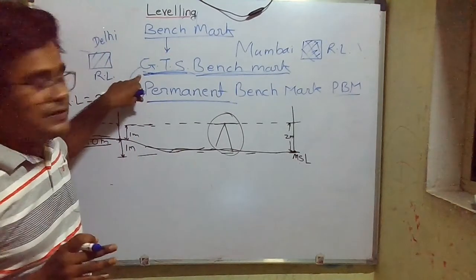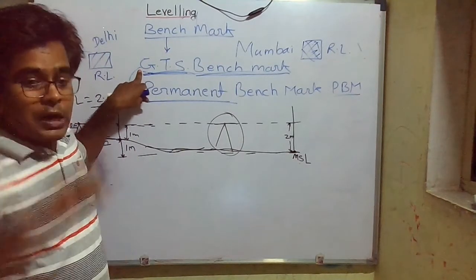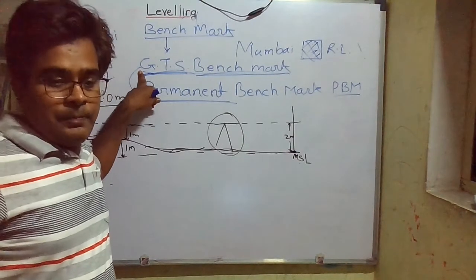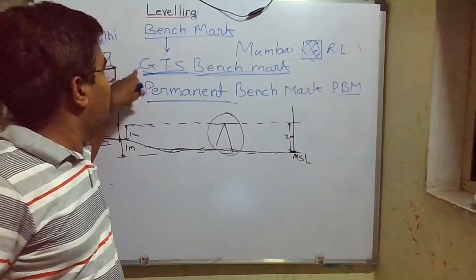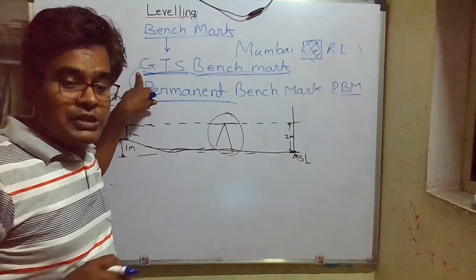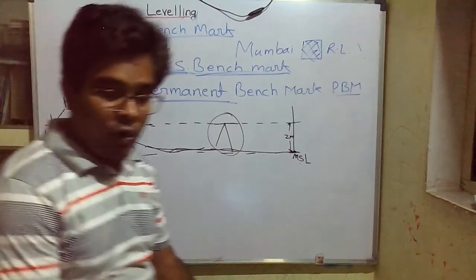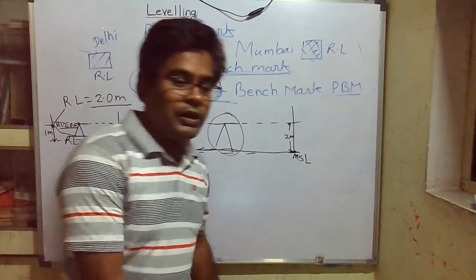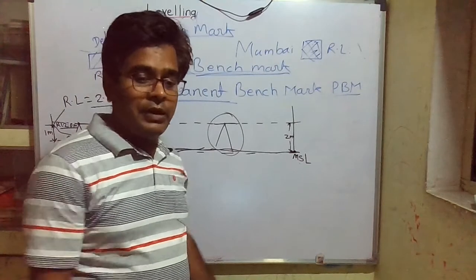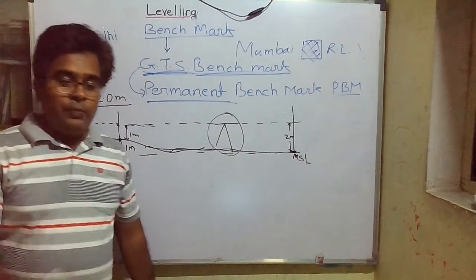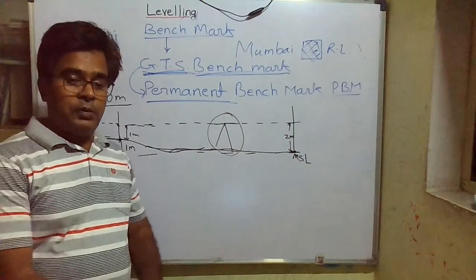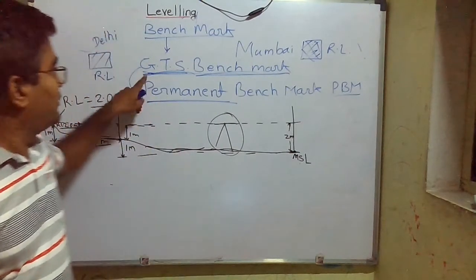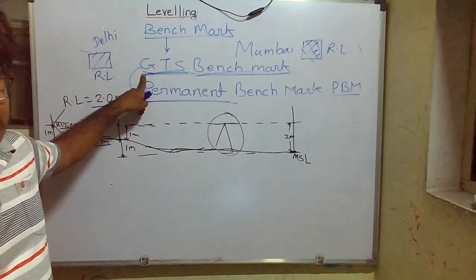If they had marked the GTS benchmark by doing survey from Karachi on some stones or a brick pillar, and somebody while moving on the road kicked that pillar and it broke, then what would happen to that GTS benchmark?